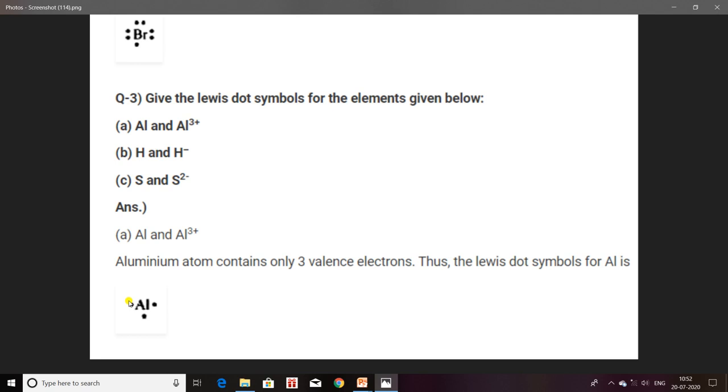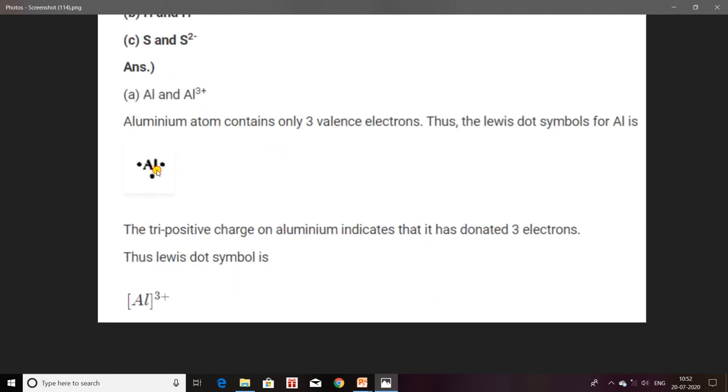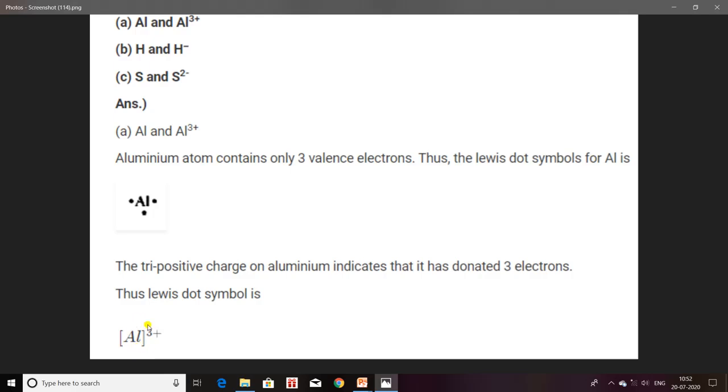So here we will remove 3 electrons. After removing 3 electrons, the Lewis dot structure will be Al with 3 positive charge and no electron on it. Why? Because all the 3 valence electrons are removed from the aluminium.